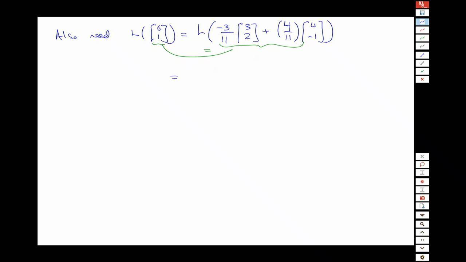And then we could use linearity to break that into what we did last time, plus 4/11, and then we know these transforms again.